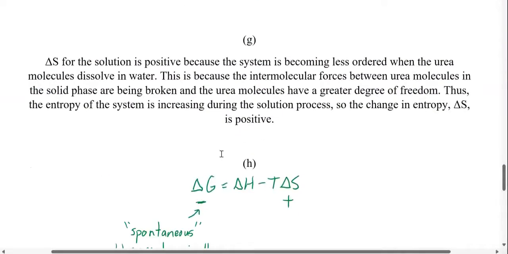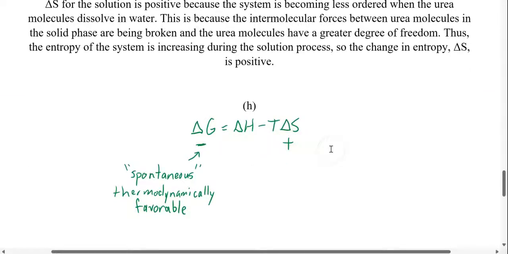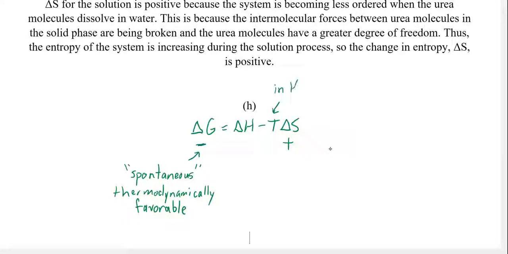So according to this equation, well, T is always positive because it's in Kelvin. When delta S is positive, we are doing delta H minus a positive number. So that means that the T delta S term is making delta G more negative, or in other words, more thermodynamically favorable.